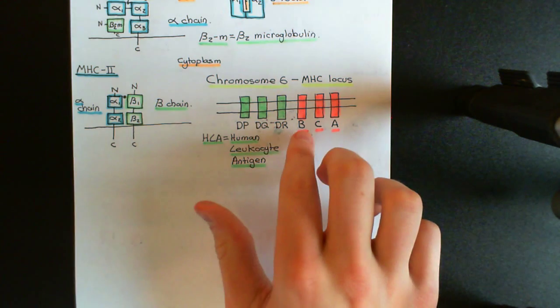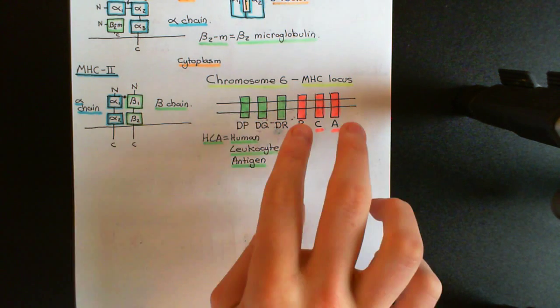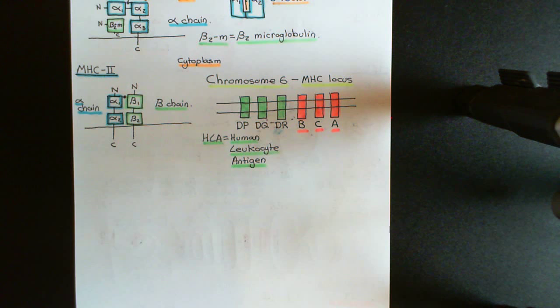But this is the important thing, they don't have the gene for making the beta-2 microglobulin. The gene for the beta-2 microglobulin is elsewhere. I don't know specifically where the beta-2 microglobulin gene actually is, but it's elsewhere, and you just have 1 gene for beta-2 microglobulin. Okay, you'll of course have 2 copies of it. You'll have one on a paternal chromosome and one on a maternal chromosome.